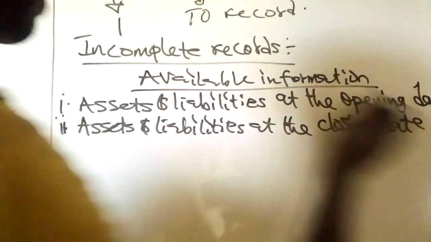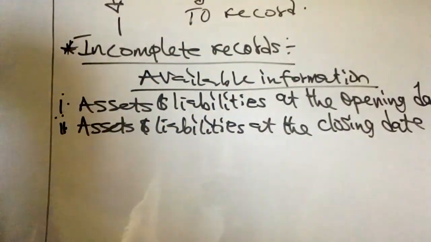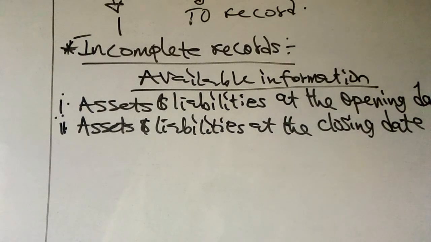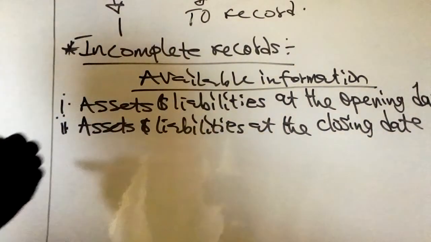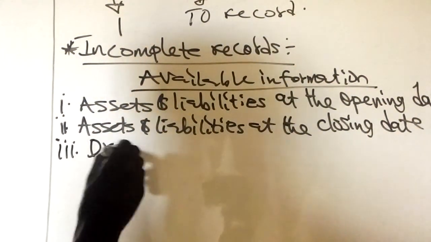I'm considering the information we will be given in incomplete records, not single entry. In incomplete records, there may be no information at all, but in some cases there may be information, but not enough to prepare the statement of profit or loss. Number 3, you may be given the drawings.